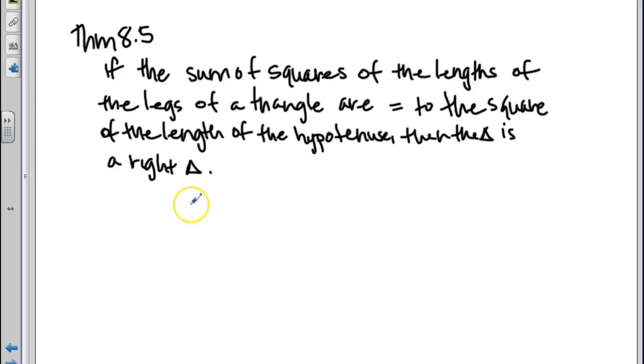All right, so in other words, if a squared plus b squared equals c squared, then the triangle is a right triangle.